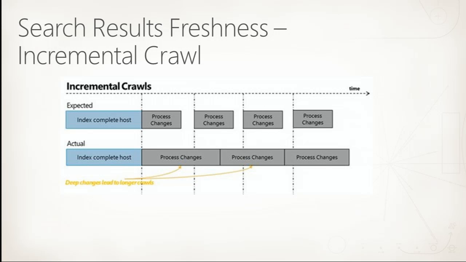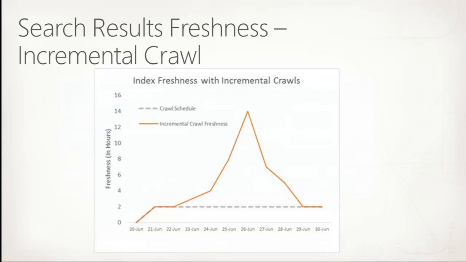So you had to wait for the next one, and the next one, and maybe you had to wait for 2 or 3 or even more incremental crawl periods, right? So with this, the content freshness could not be that good. This spike shows how fresh the content is with this incremental crawl schedule.